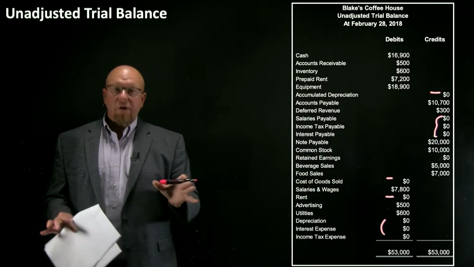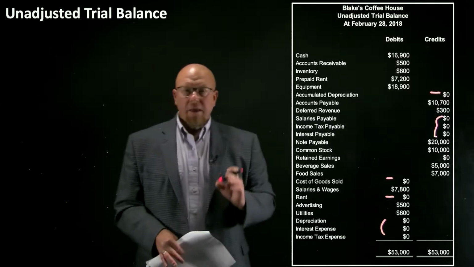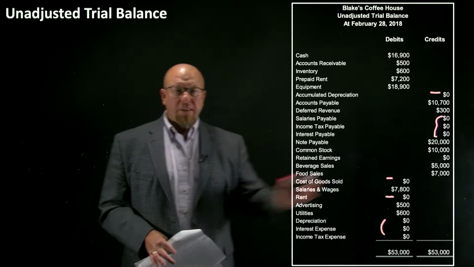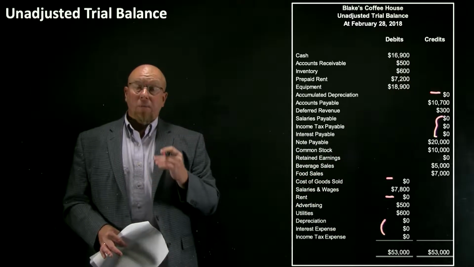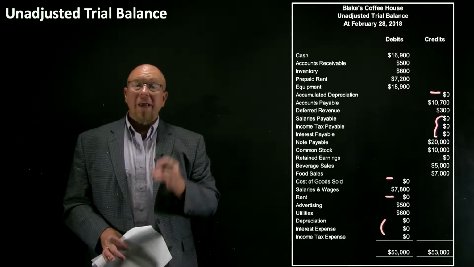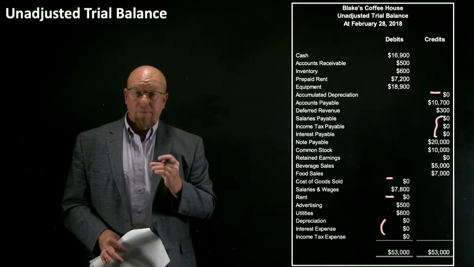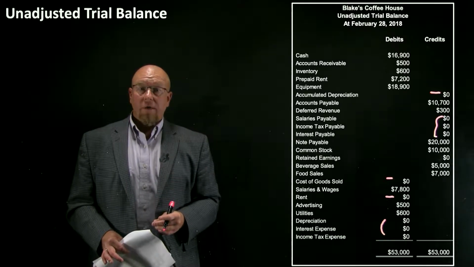And yes, this is a very abbreviated example, but what I'm going to try to illustrate to you is that the adjusting entries will allow us to take these zero balances and convert them to amounts that are more appropriate to measure the results of the operations for the month of February and the financial position of the company as reported on its balance sheet at the end of February.